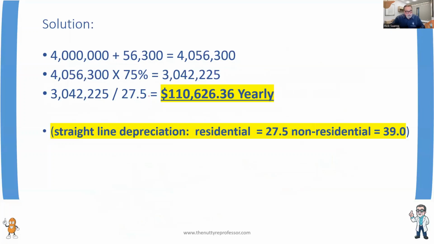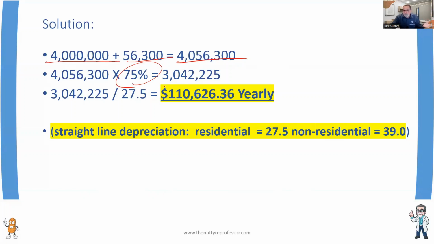Let me show it to you clean. There it is right there. Here's the $4 million of the initial purchase plus the closing cost, which is $56,300, giving you a total of $4,056,300. Then you multiply that times 75. Again, why? Because the land represents 25. We have to deduct the land. In the previous problem, they didn't tell us about the land, so we couldn't deduct anything.